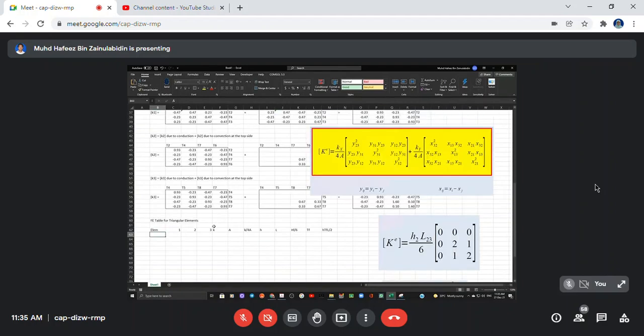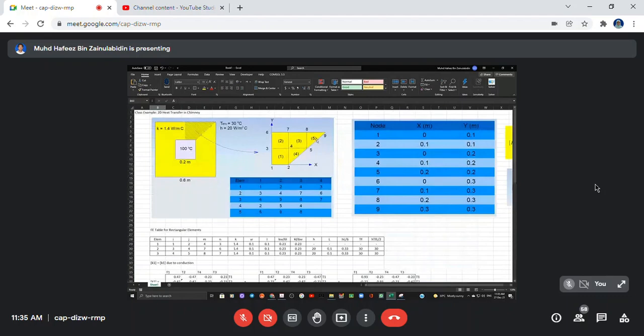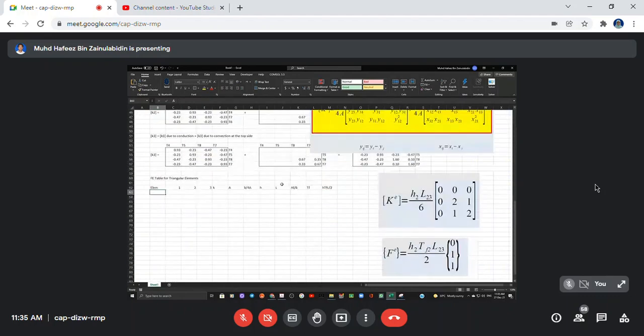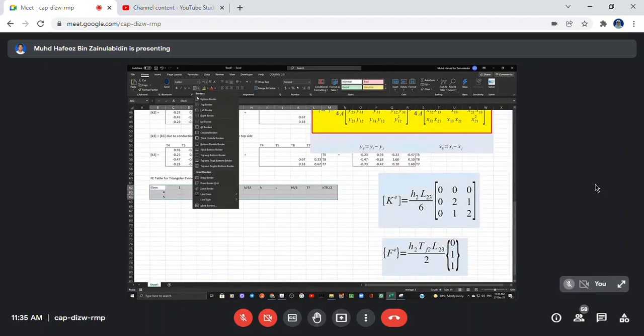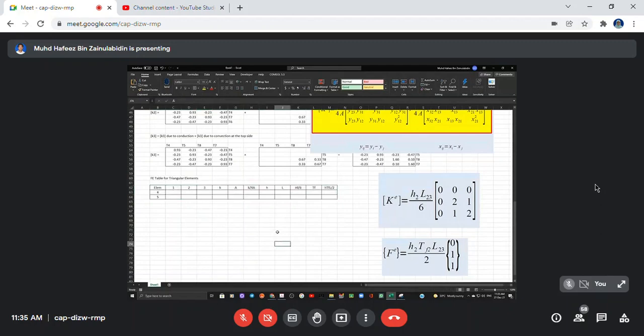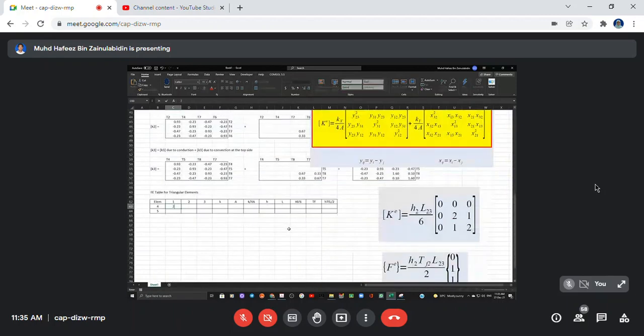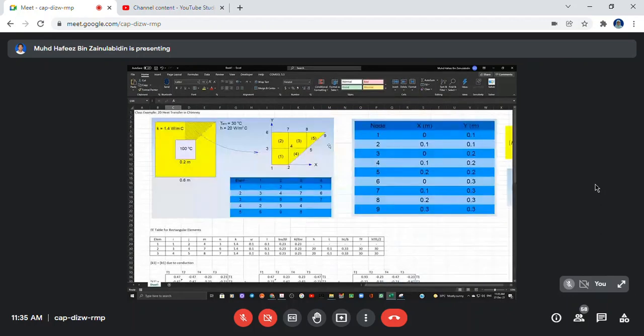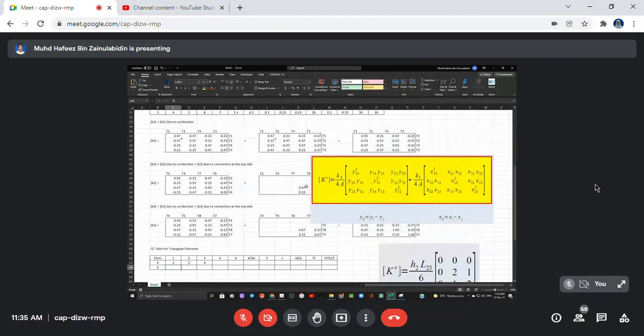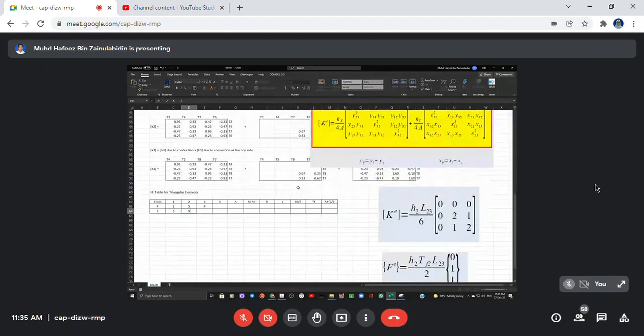We have two elements, element 4 and element 5. Triangular shape, 4, 5. Node number 2, 5, 4. Element 5 is 5, 9, 8.